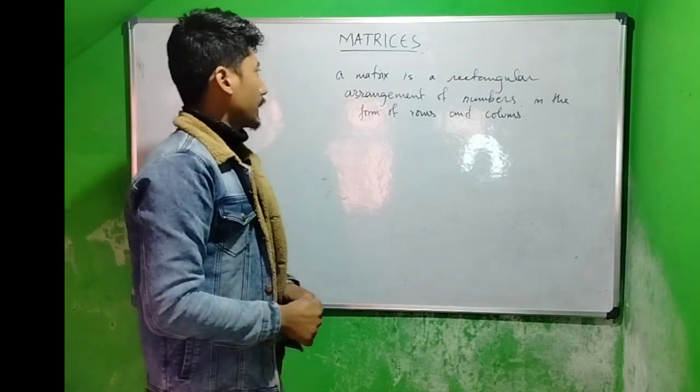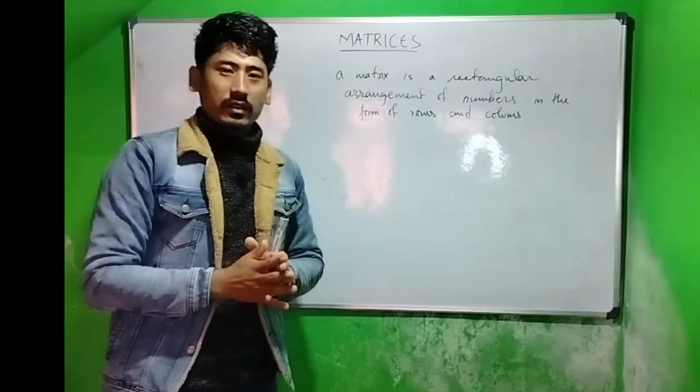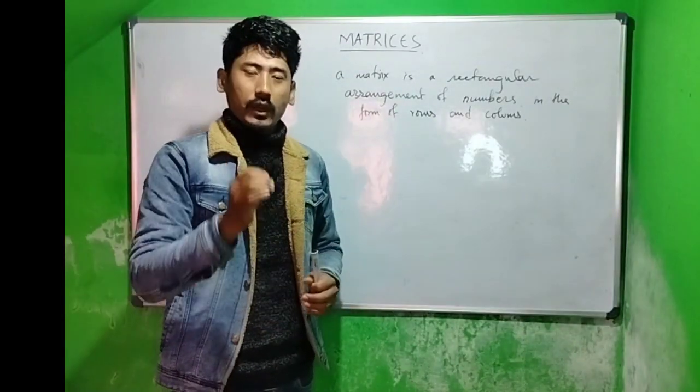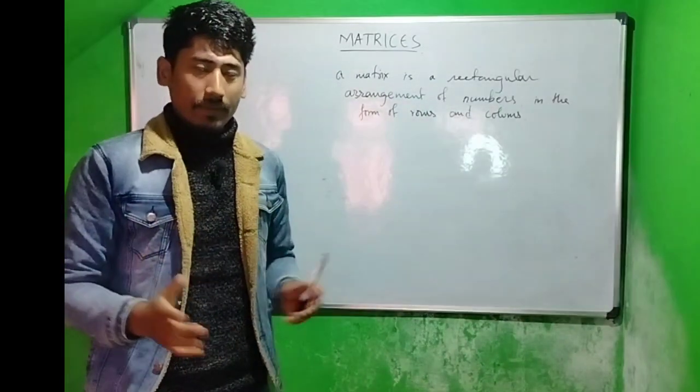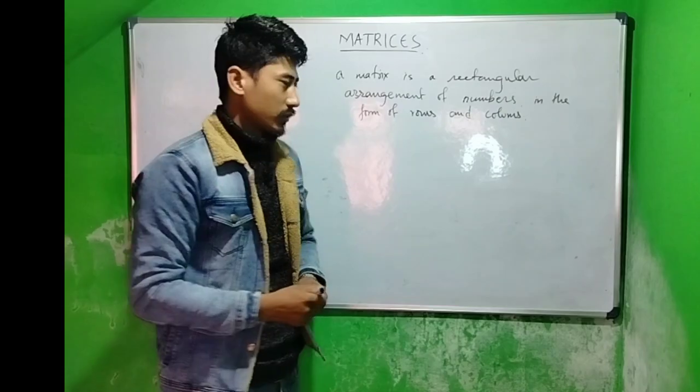So a matrix is just a rectangular arrangement of numbers in the form of rows and columns. We have different types of matrices, so later on we'll talk about that.